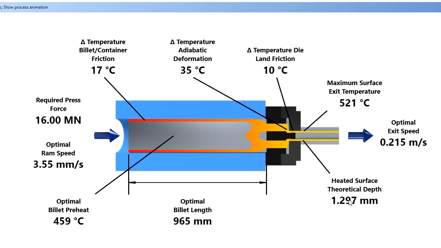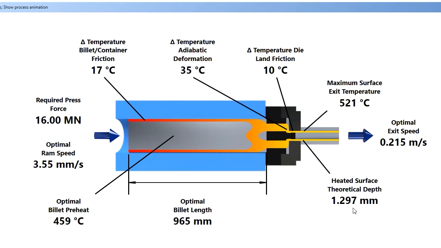So here we can see for this part that at this exit temperature of 521 degrees centigrade, that heated layer of material ends up in a layer on the surface of the finished extrusion, and that layer is just under 1.3 millimeters thick. This heated depth, 1.3 millimeters, is just over half of the wall thickness, which is 2 millimeters.